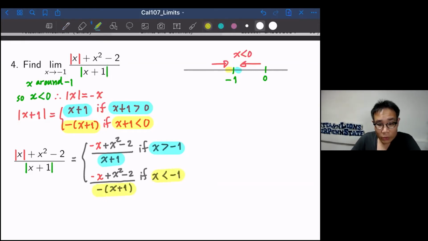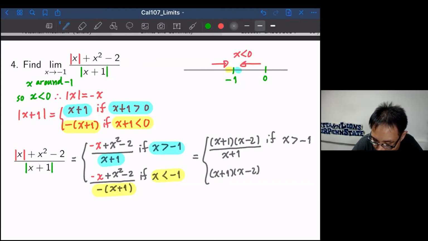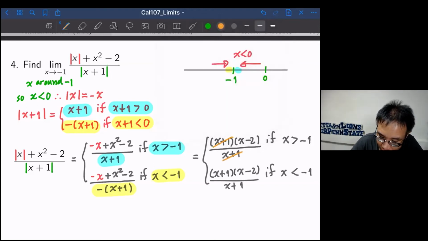This you can factor into two parentheses. It will be x plus 1 times x minus 2 over x plus 1 if x is more than -1. It is a quadratic function, so it factors in this way. And you have x plus 1 times x minus 2 over x plus 1 if x is less than negative 1. You just cancel the x plus 1 factors.